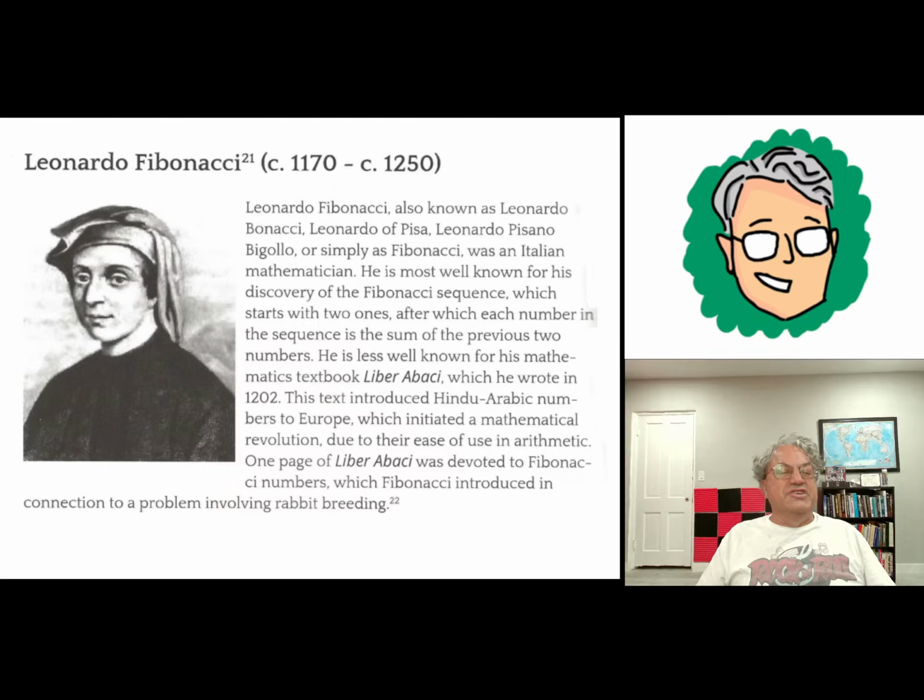But first, I should say a little bit about Leonardo Fibonacci. He is actually known by a lot of different names, but we commonly know him as Fibonacci. He was a medieval Italian mathematician. We don't know the exact years he lived, but he lived from around 1170 to around 1250 AD, and he was from Pisa, Italy, I believe, and he was a friar.